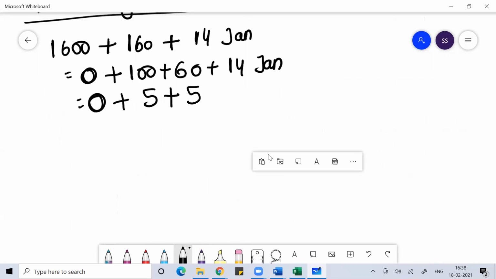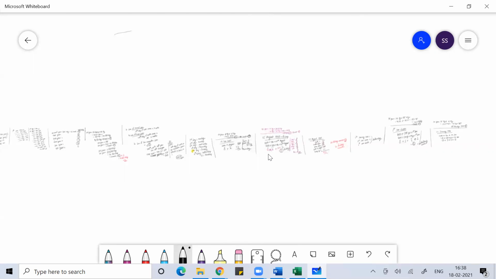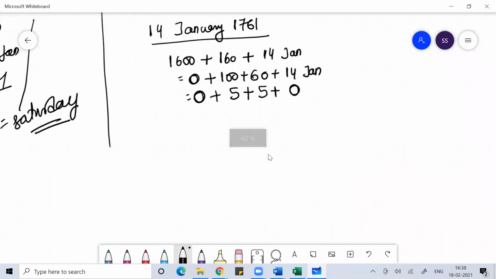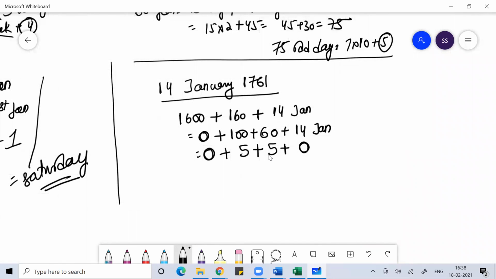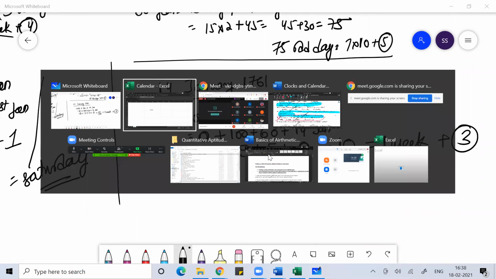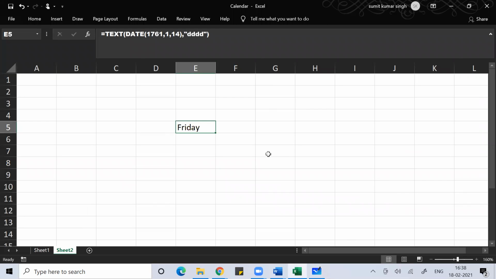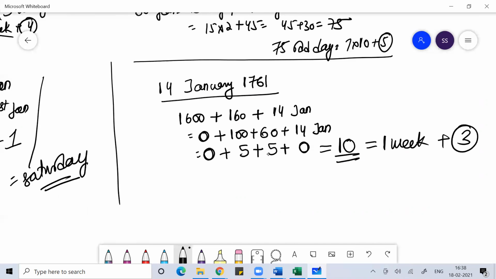So this is 5 plus 14 January. 14 is 0 only. So you can write this as 10. 10 means 1 week plus 3 day extra. 3 means it should be Wednesday, but here it is Friday. 14 January 1761.